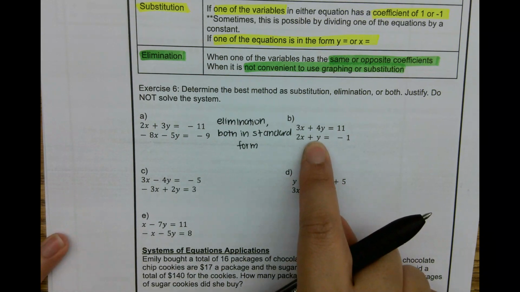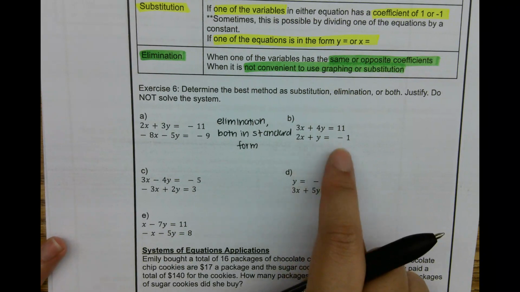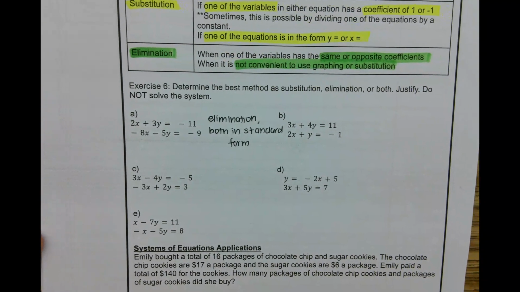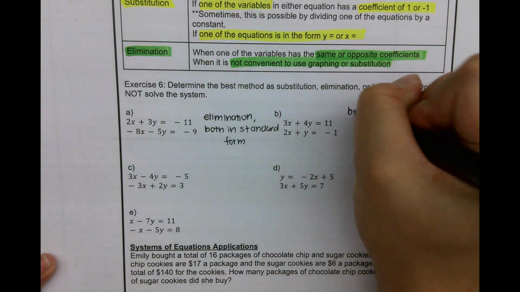So B here, I have 3x plus 4y equals 11 and 2x plus y equals negative 1. Here I would use both, actually. Either one would work.